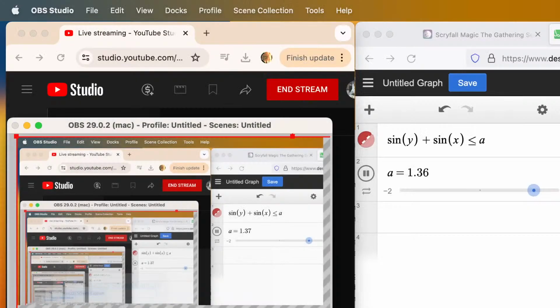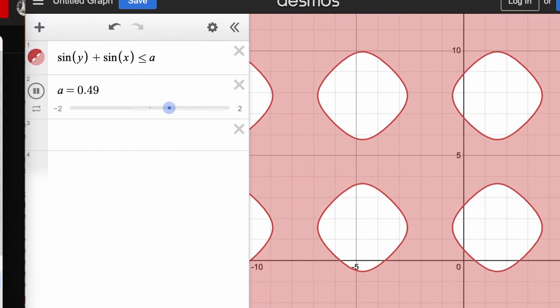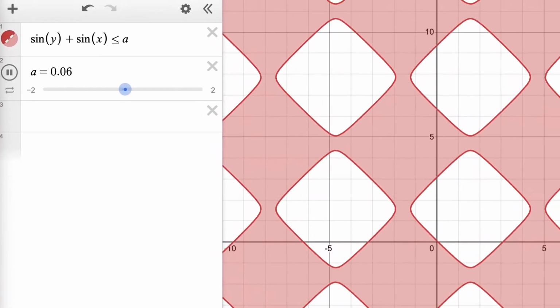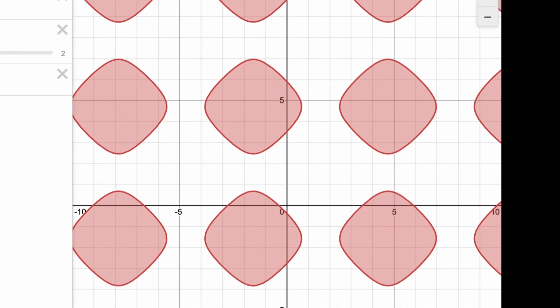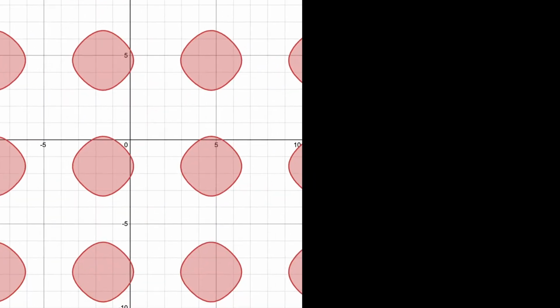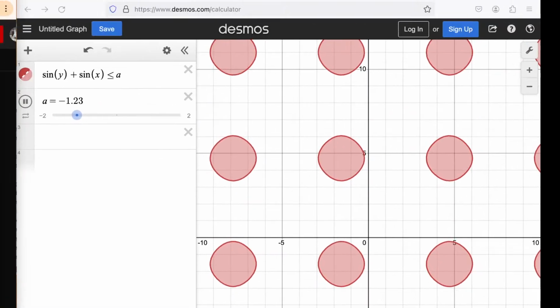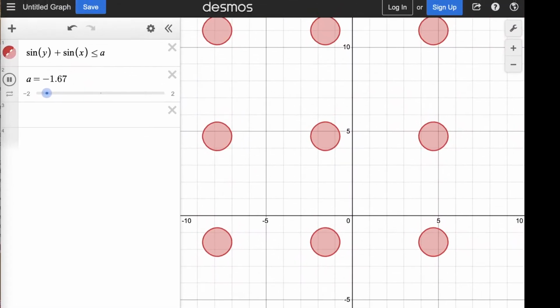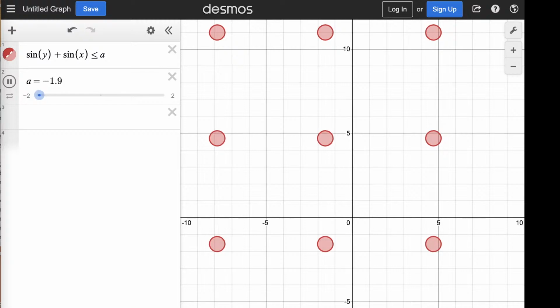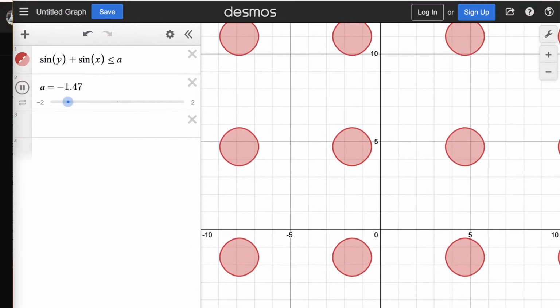While we were beginning our chatting, I wanted to have a fun little equation or two in the background, and our starting equation was when sine of y plus sine of x is less than or equal to different values between -2 and 2 shifting.